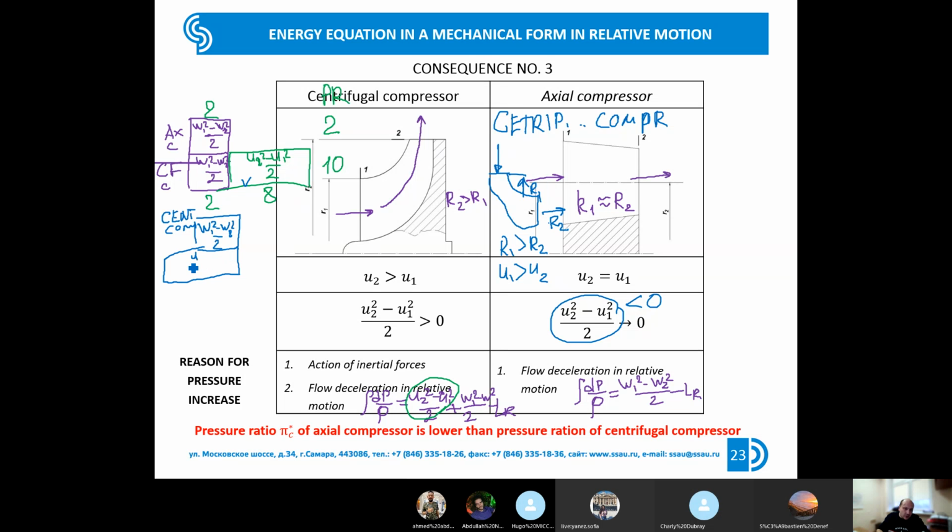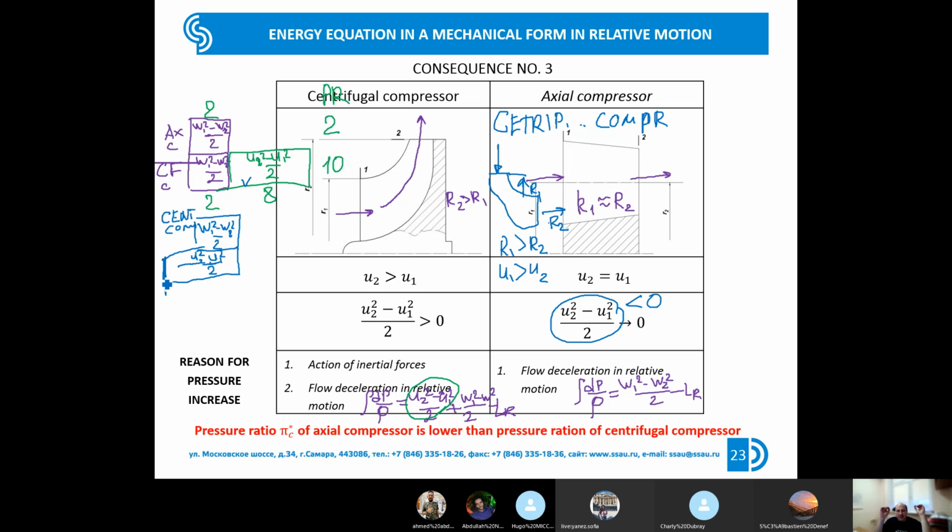So, in other words, we need to subtract this energy. And I hope you understand this scheme. You see that finally, in the case of the centripetal compressor, we are not supplying energy to the compression. We are extracting energy from the flow, and that's why finally we do not receive a pressure ratio. That's why you never meet the centripetal compressor.